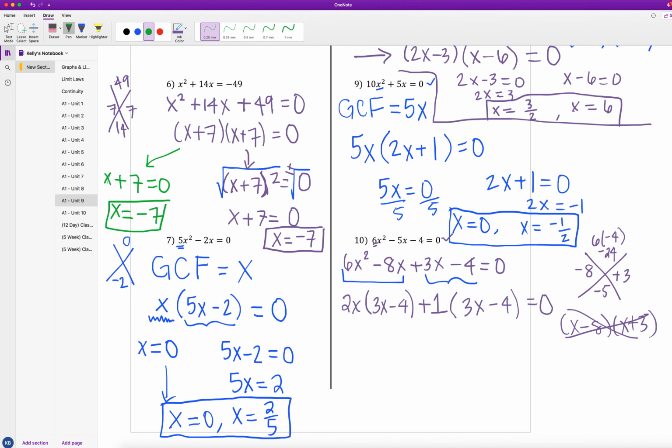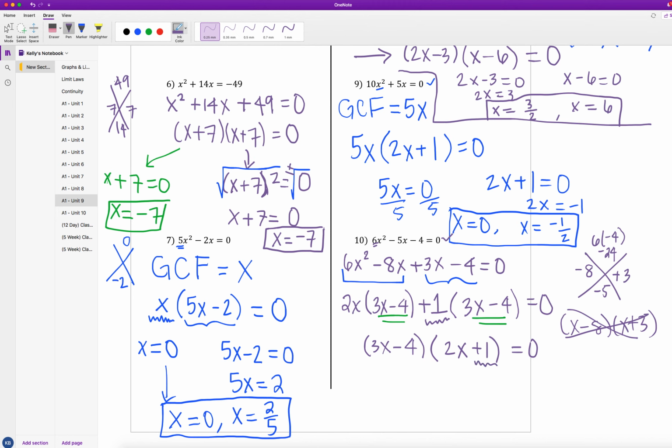Now from here, my goal was to get the same thing left over inside, and I do. They're both a 3x minus 4, so I can go ahead and factor out 3x minus 4, and then we're left over with the 2x plus 1 in our second factor. And this is why it was so important to remember that we're factoring out that plus 1, so that I get that plus 1 down here in the other factor.